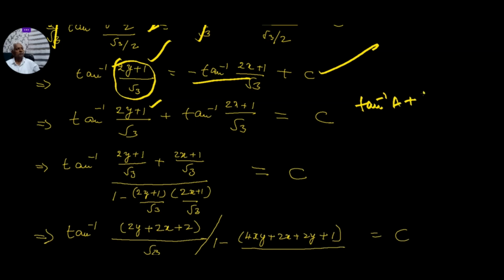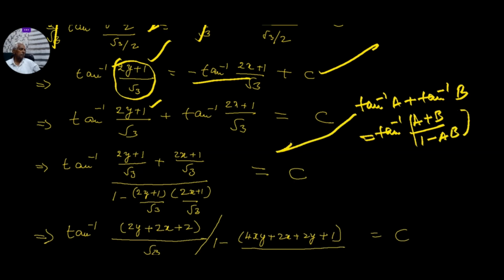Now we know that tan inverse a plus tan inverse b equal to tan inverse of (a plus b) by (1 minus ab). This is a trigonometric formula. We are applying this here. So tan inverse a plus tan inverse b is tan inverse of this plus this, divided by 1 minus this into this.